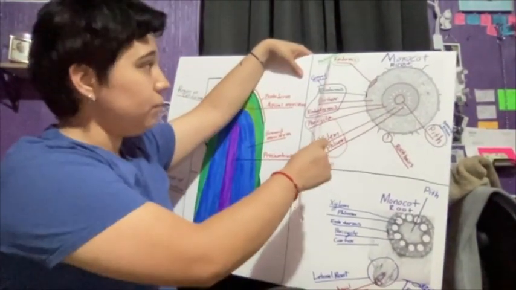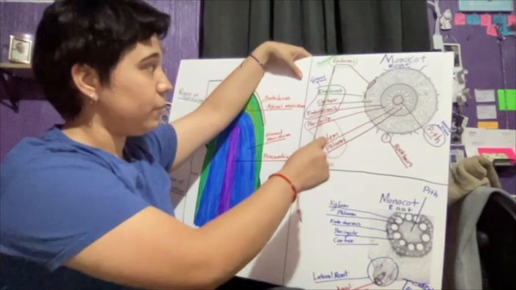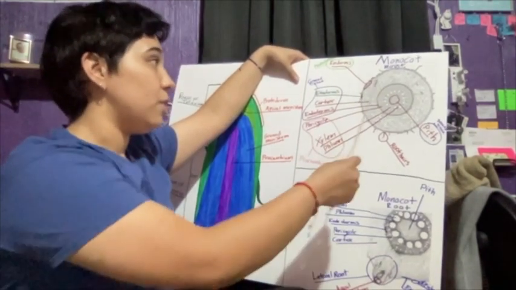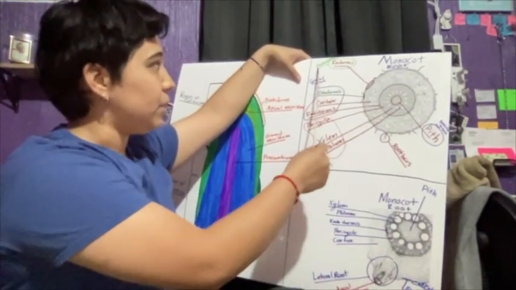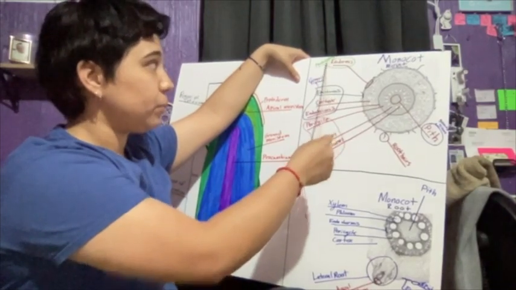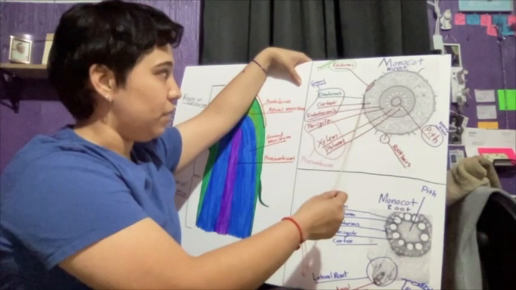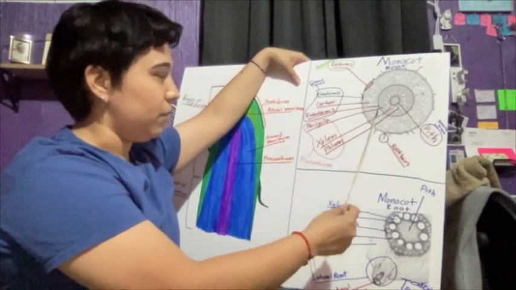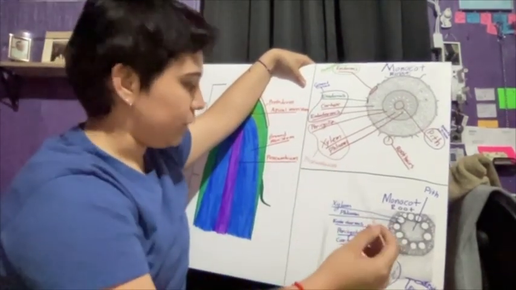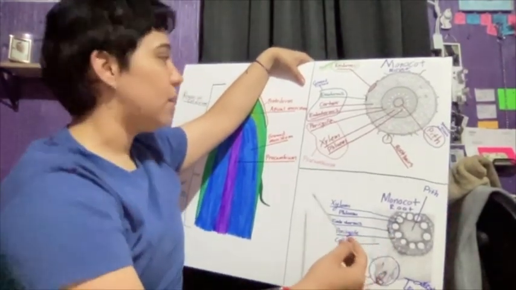In this one, we have, again, the epidermis, which, as stated before, protects the root. And it's part of the protoderm meristem. And then we have the exodermis, the cortex, and endodermis, which were named and described before.